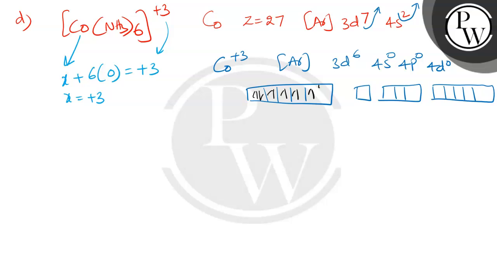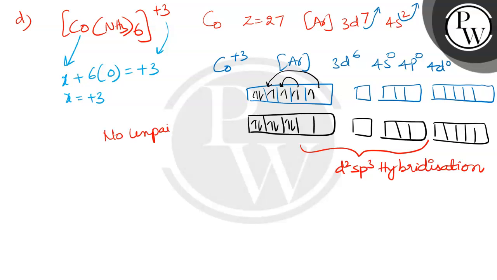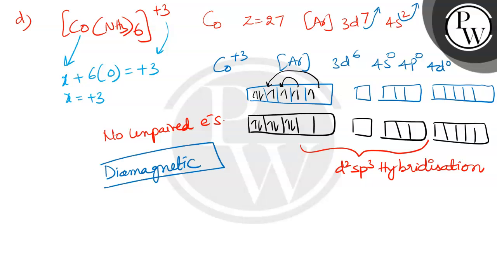Here pairing takes place like this and this is also paired like this. So there is no unpaired electron. Inner d orbitals are available. Hence it undergoes d2sp3 hybridization. No unpaired electrons, hence it is diamagnetic in nature.